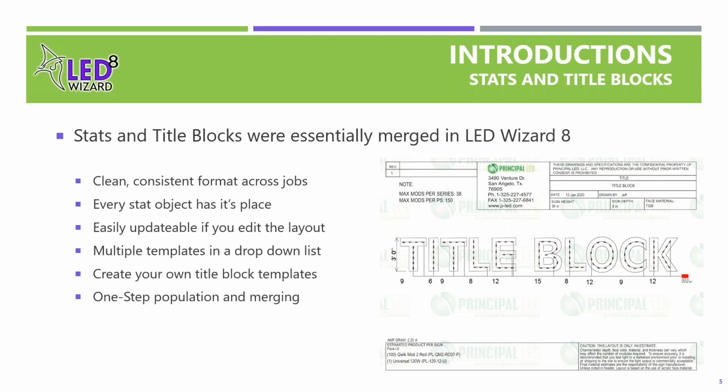And then there's also an option for one-step population and merging into the title block. We've gone through that in the previous sessions. You've got a clean layout. Hey, I just want to make that layout, create my stats, merge in the title block essentially in one step. So that's a nice productivity gain there.